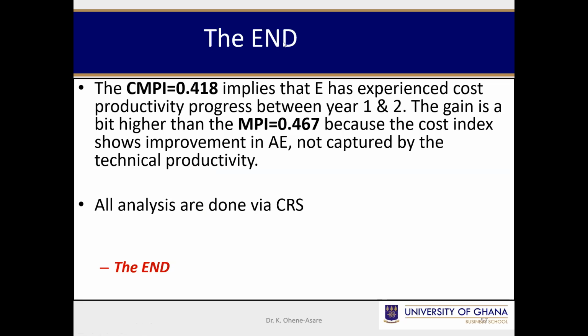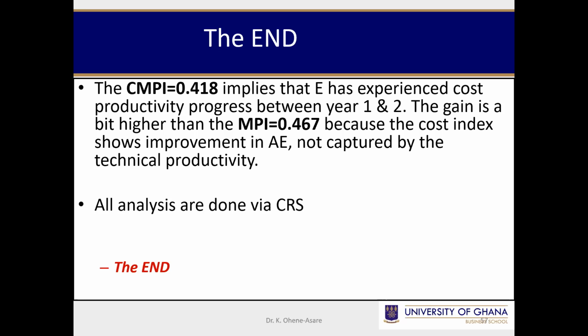Now, this gain, okay, this is very important. This gain is a bit higher than the standard technical productivity because the cost index shows improvement in allocative efficiency, which wasn't captured by the technical productivity. And of course, all analysis here has been done using the CRS.